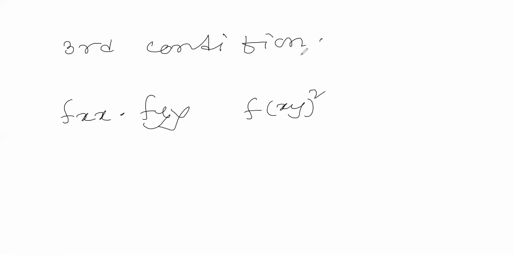I'm not putting the sign here, but let me calculate the cross partial derivatives here. Actually, it's better when you are solving for the partial derivatives, direct partial derivatives, also solve for the cross partial derivative. Then you don't need to do it here again separately. But as I haven't done it, let me see what are the cross partial derivatives. So here f of x is 60 minus 4y minus 12x.